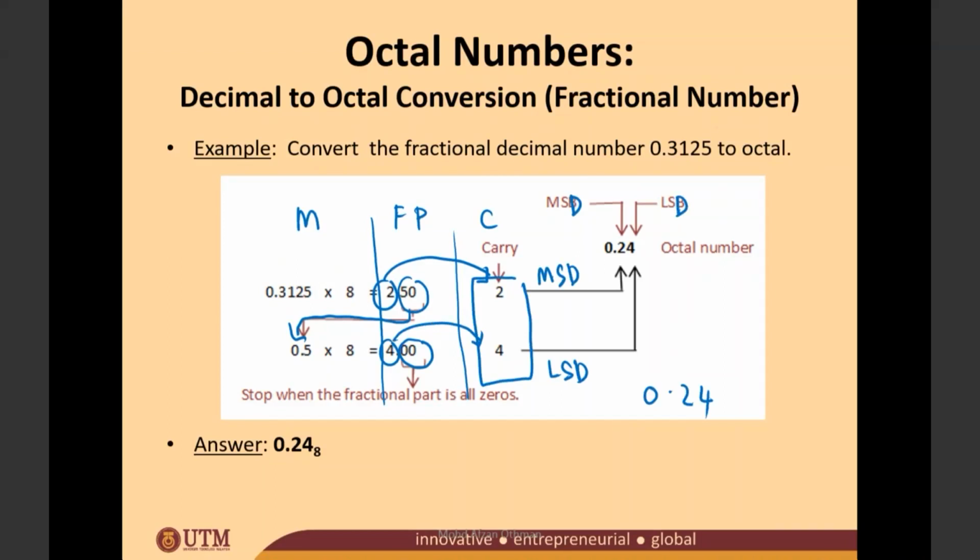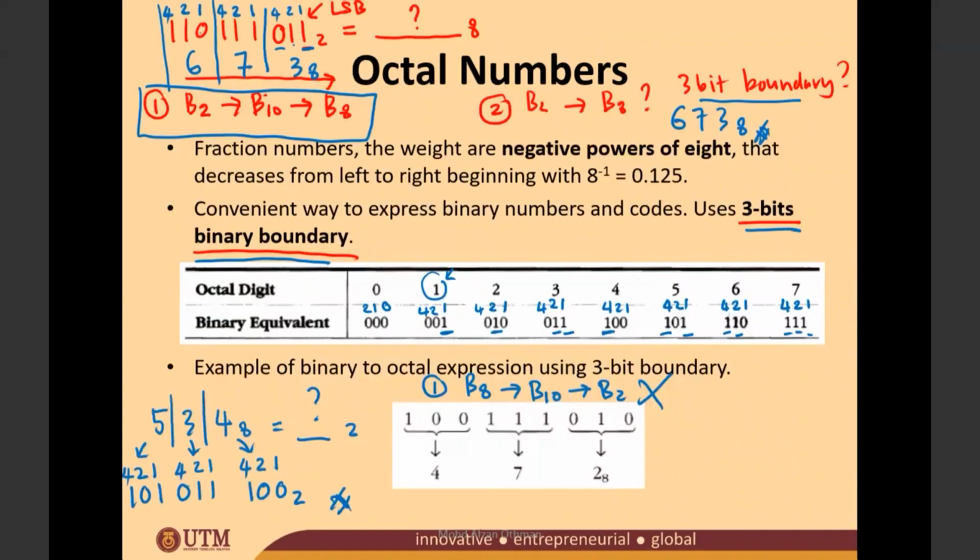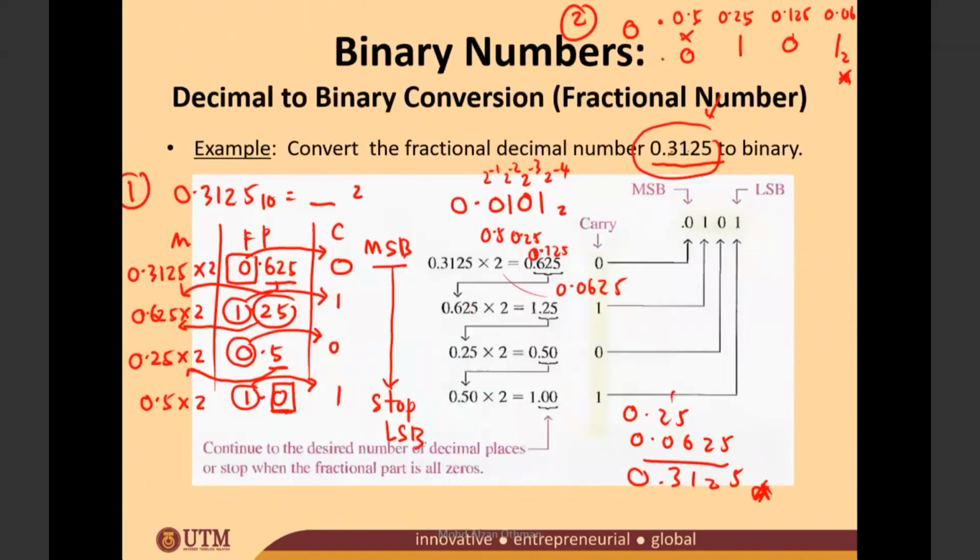Kalau kamu perasan, yang ni sama dengan tadi betul tak? 0.3125. Sama dengan yang kita buat masa binary tadi. So sekarang ni, kamu dah dapat yang ni, 0.0101.